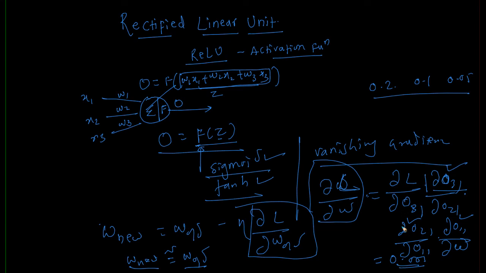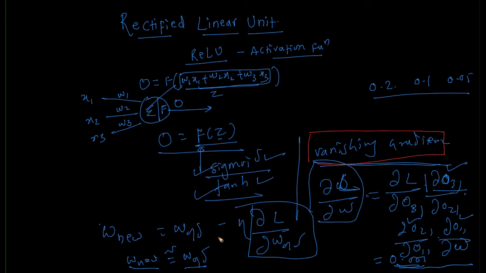Imagine if there are many layers: this term may be very small, and the weights will not update at all. That's why people were not able to train deep neural networks, because of these activation functions. Such a problem is called the vanishing gradient problem, which was making the convergence to solution very slow.